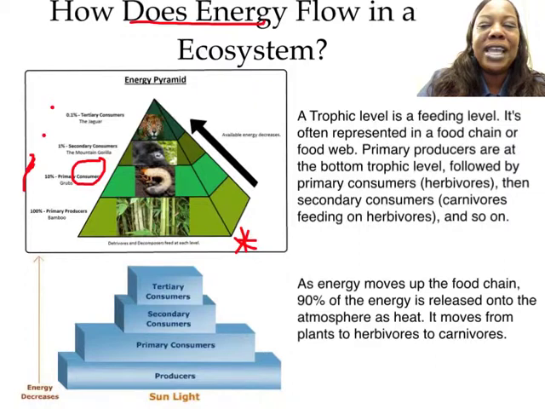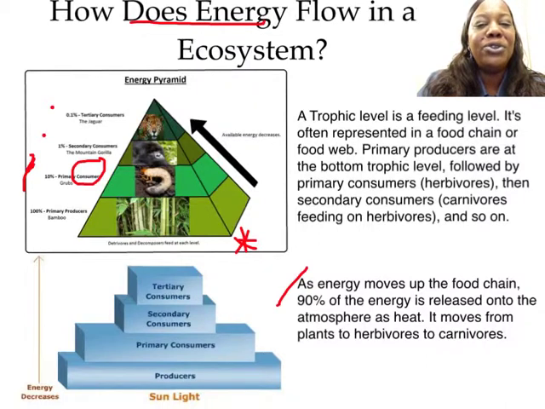Therefore, 90% of the energy goes off into the atmosphere as heat. Keeping energy is very crucial for the body to maintain itself in order to survive. We get this energy from our number one producers, which are plants.